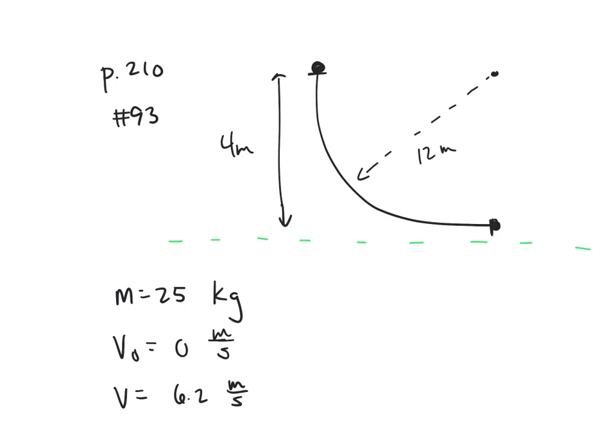What is the length of the slide? Again, the child starts at 4 meters and ends with a velocity of 6.2 meters per second. It goes on to say, what average friction force acts on the child over this length? Okay, so that's what we're going for, those two things.